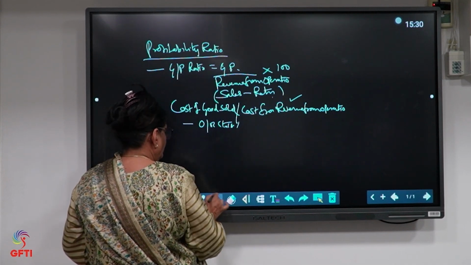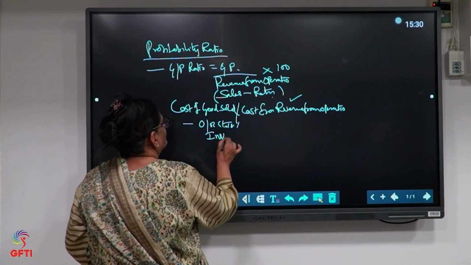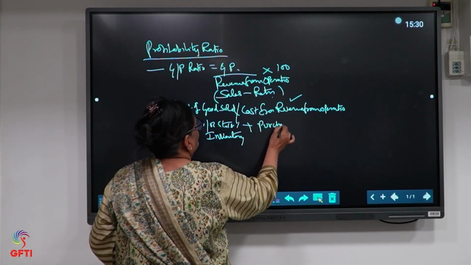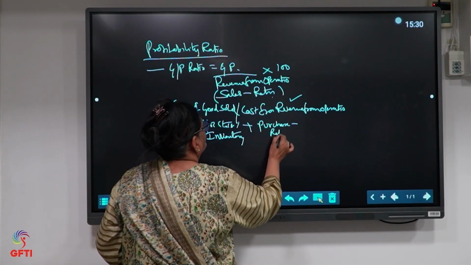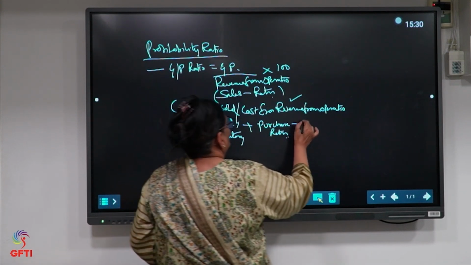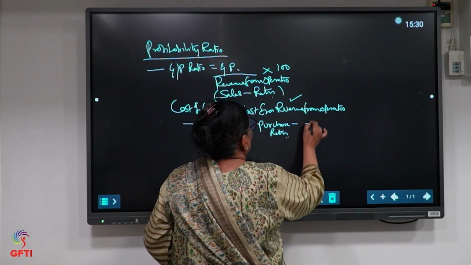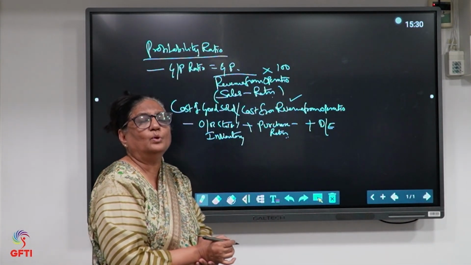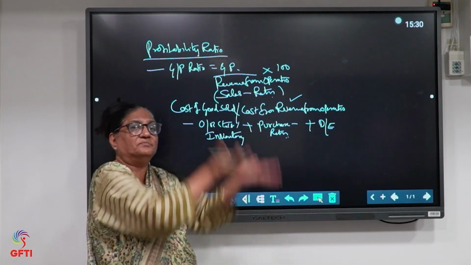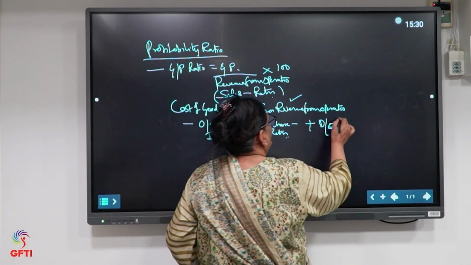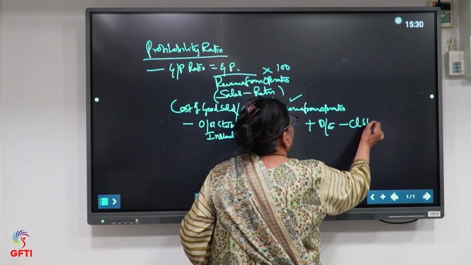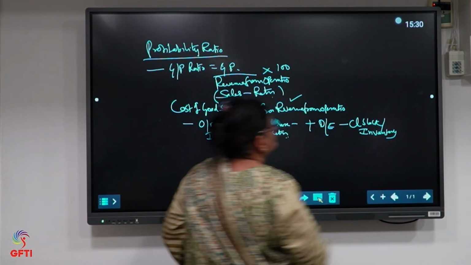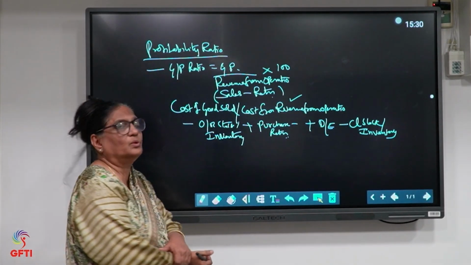You have inventory plus your purchases, less return outward, plus your direct expenses, carriage inward, wages, all those related to lifting your purchase. Then minus your closing stock or inventory. This gives you cost of goods sold.